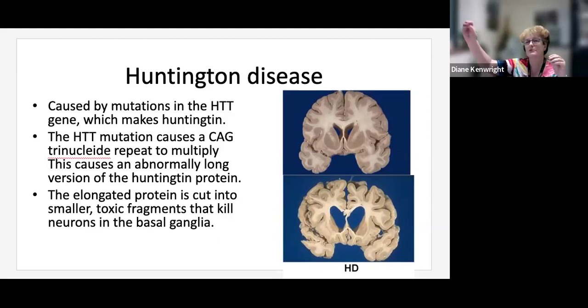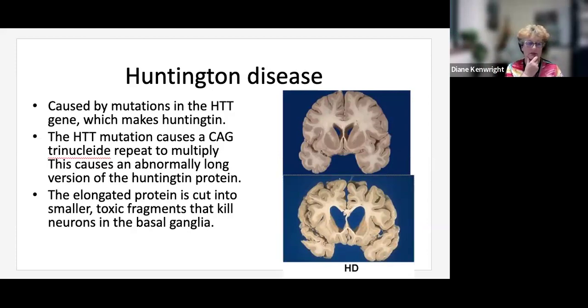Once it's made into a protein, it can't handle all the repeats of that amino acid, and it supercoils, right? And so then it gets cut up into toxic fragments that kill the neurons in the basal ganglia. So here we've got a brain with normal basal ganglia, and here we've got one with abnormal basal ganglia, right? And that person has Huntington's disease.